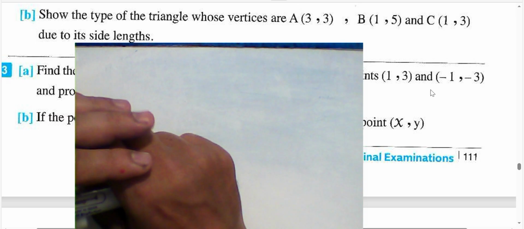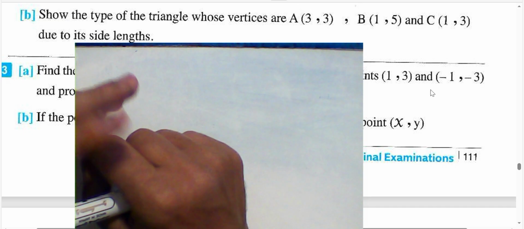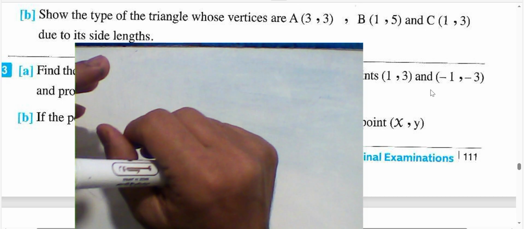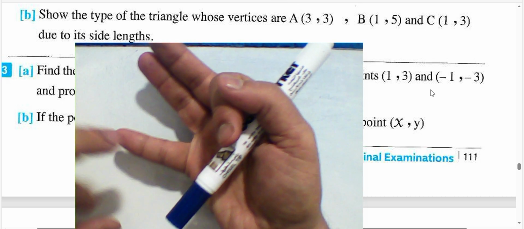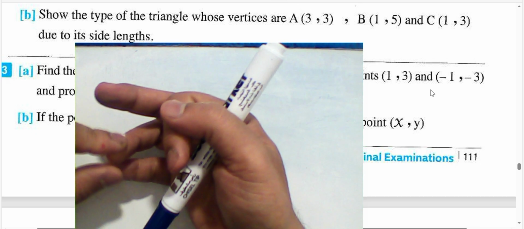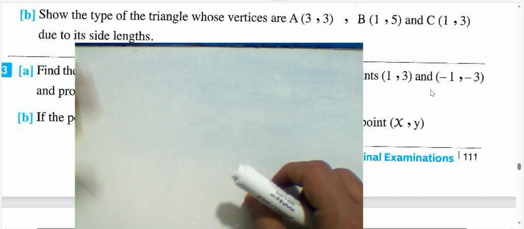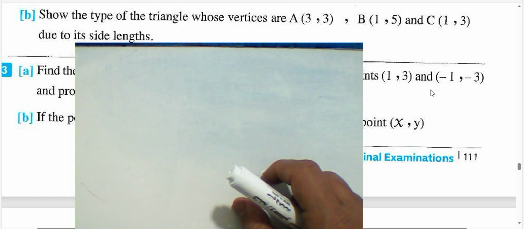He asked about the type by sides, which is easy, not about angles. We have 3 sides AB, BC, CA. If 2 sides are equal, we call it an isosceles triangle. If all sides are equal, we call it an equilateral triangle. If all sides have different lengths, we call it a scalene triangle.